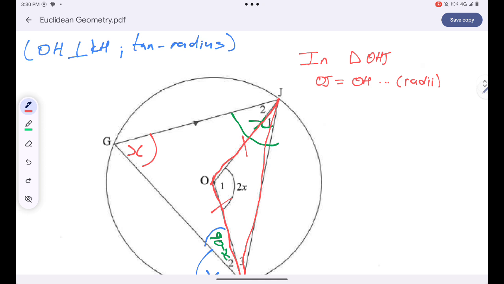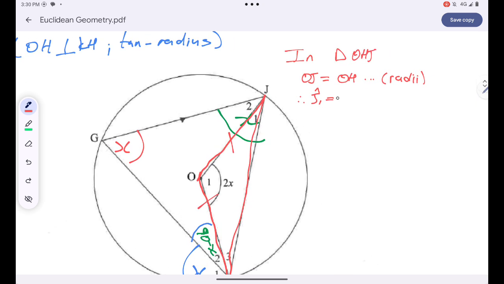So angle J1 is equal to angle H3. You can simply say that it's true because equal sides subtend equal angles, or you can say that these are base angles of an isosceles triangle, or if you are lazy, you can just say OJ is equal to OH.